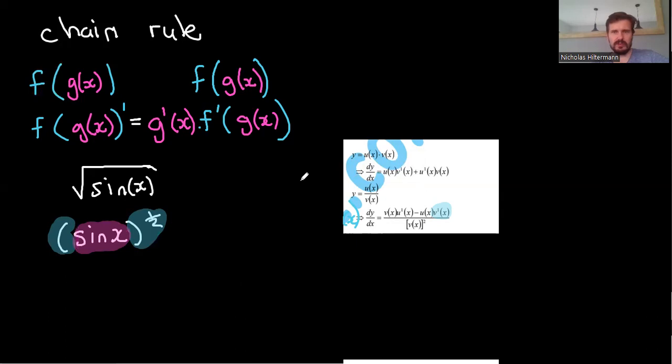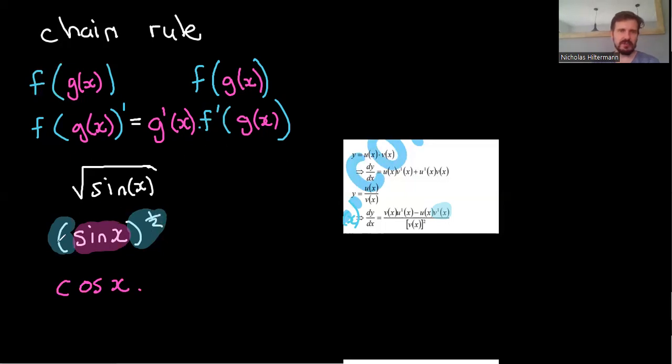And so what we do is we find the derivative of the inside. So this is called the inside-outside rule. We find the derivative of the sine x. The derivative of sine x is cos x. Then we times that by the derivative of the outside.